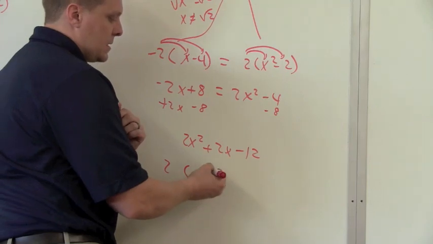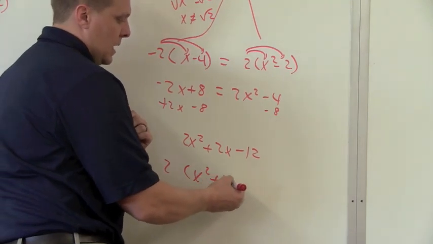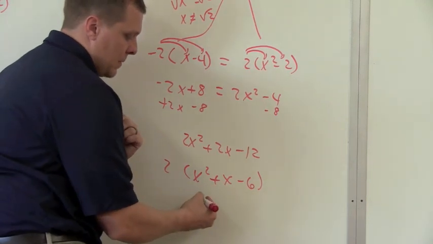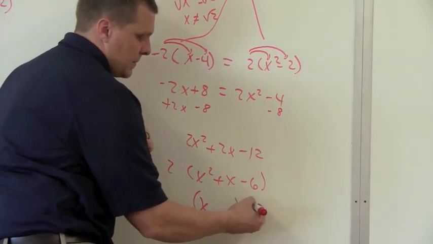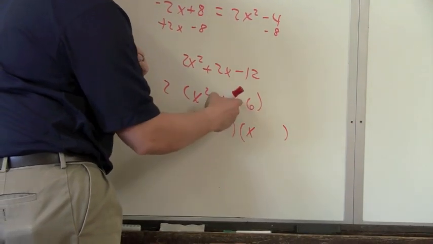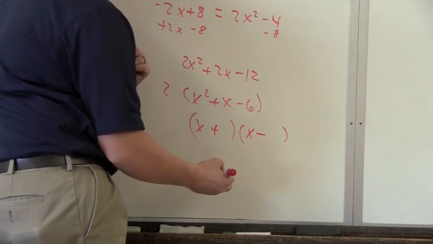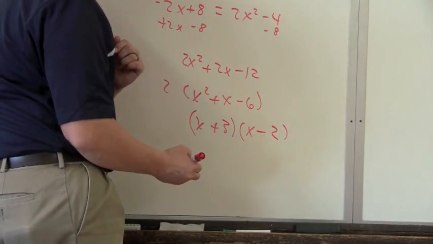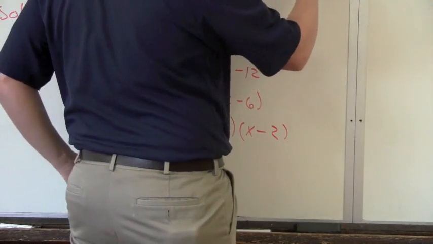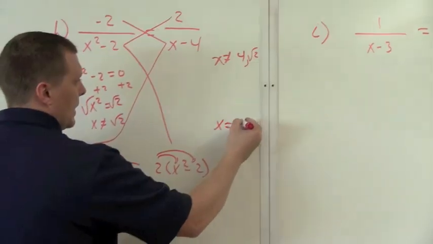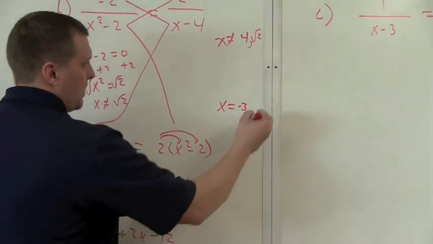That gives me x squared plus x minus 6, so x and x. My signs would be a positive and a negative, a positive 3 and a -2. Therefore, x is equal to -3 and positive 2.